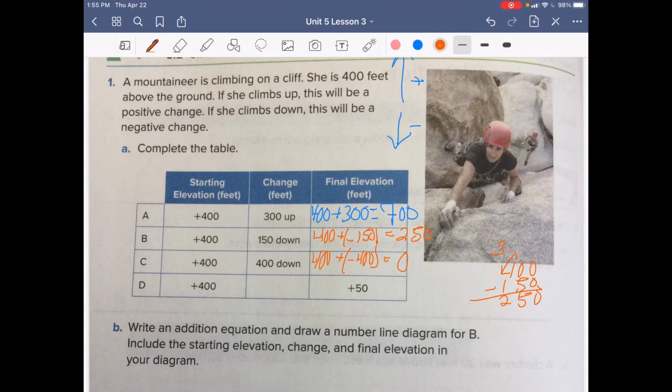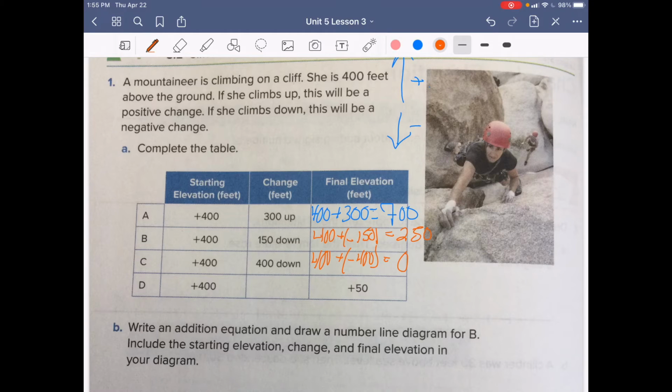This last one's a little bit tricky. Let's take a look at it. We have 400 blank 50. So are we going to go up or are we going to go down? What do you think? Are we going to go up or are we going down?